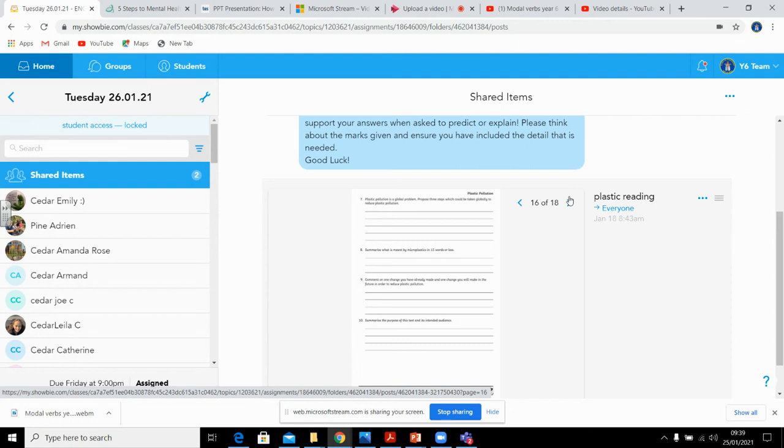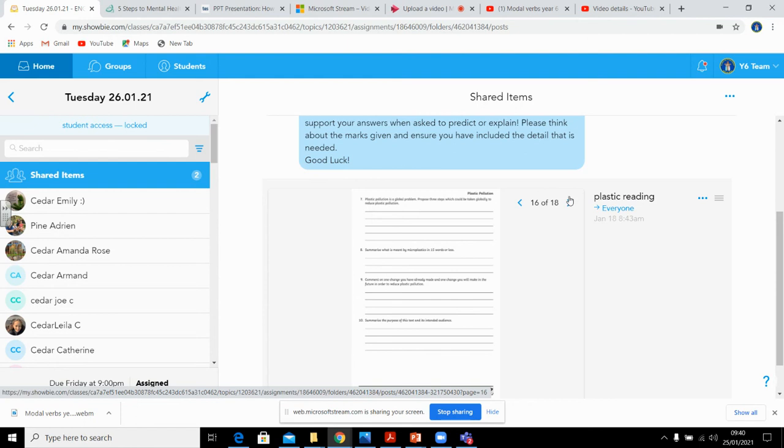Question 8 is a summarise, and also question 10 is a summarise question. When you're summarising, you're rewording something that you can find in the text. So think really carefully about how you can summarise the word in the text or summarise the purpose of the text.